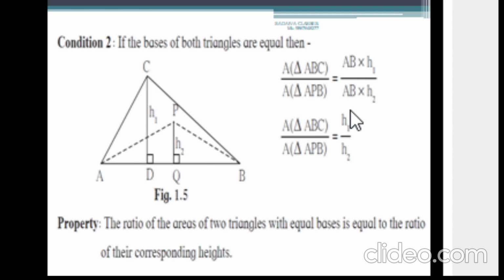See, AB cancels, giving H1 upon H2. So you get another property that the ratio of the areas of two triangles with equal bases is equal to the ratio of their corresponding heights. So when bases are equal, the ratio of areas is equal to the ratio of corresponding heights, that is H1 upon H2.